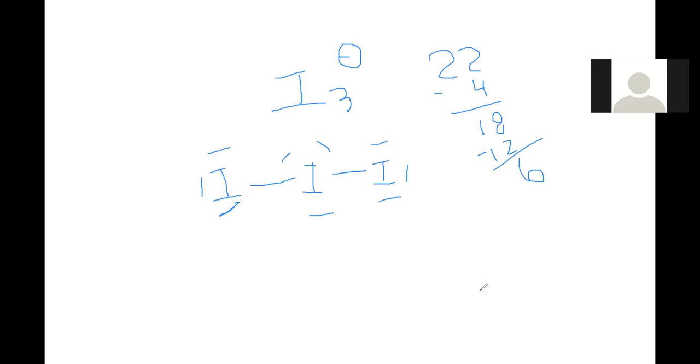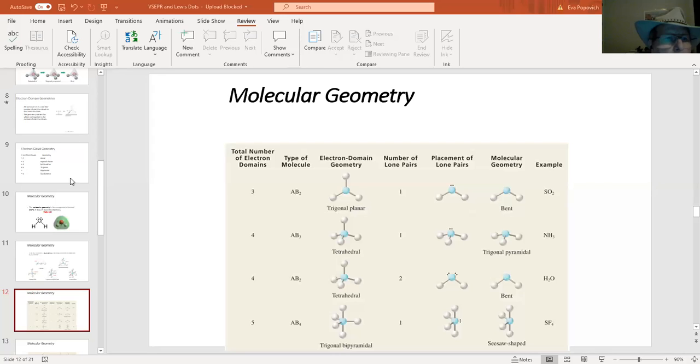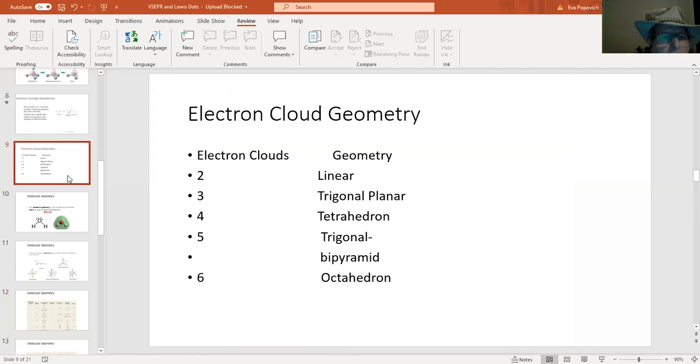All right. Do you need me to go back to the slide with the electron cloud geometry? Let's do that. There are 5 things around the center atom. What's my electron geometry? Trigonal bipyramid, absolutely.